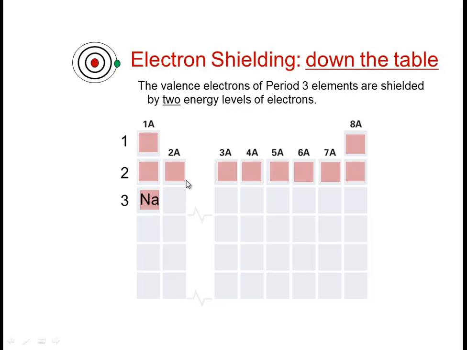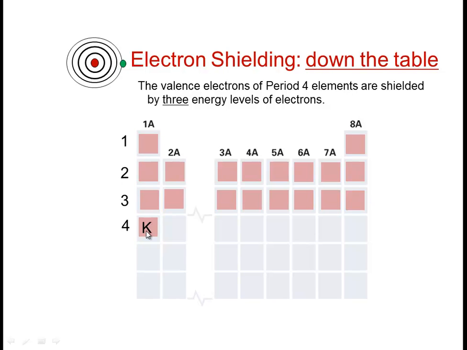And so we can go on. So if we go down to sodium, okay, now that 11th electron, which is the valence electron on sodium, is now shielded from the nucleus, not by 1, but by 2 energy levels of electrons. Okay, and then if you go down to potassium, now you've got three main energy levels that are shielding the valence electrons. So in general, the shielding is increasing as you go from top to bottom.